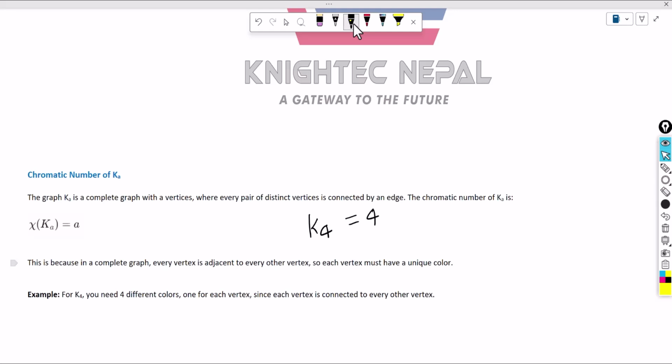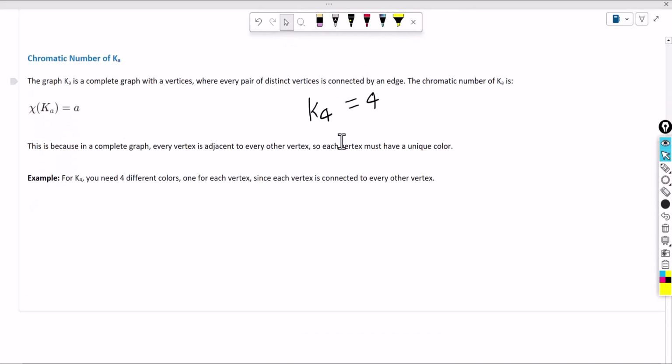This is because in a complete graph every vertex is adjacent to every other vertex, so each vertex must have a unique color. So let us take the example for K4.